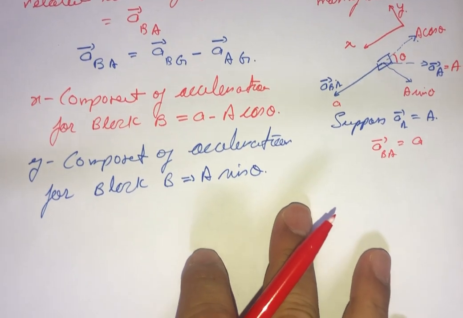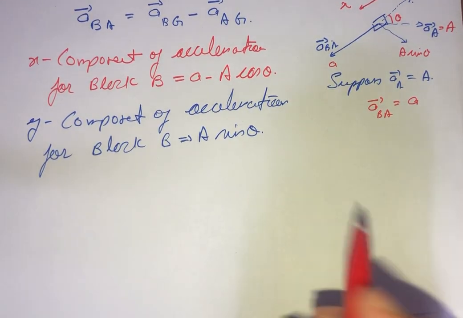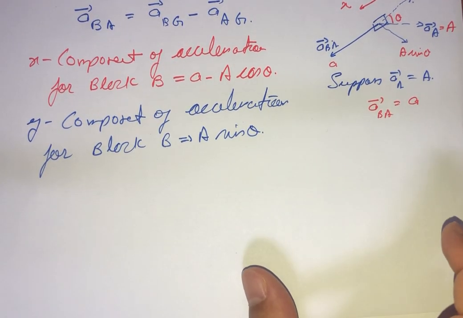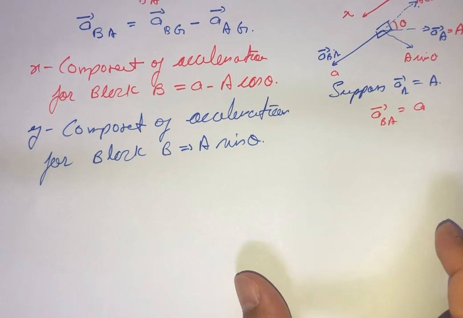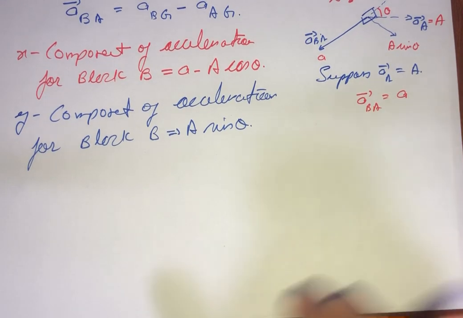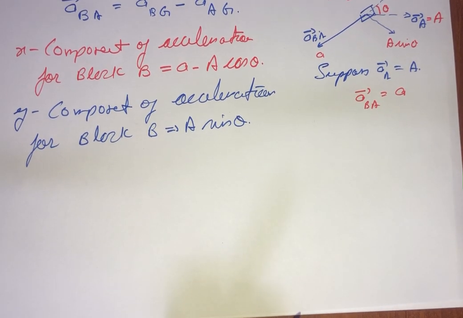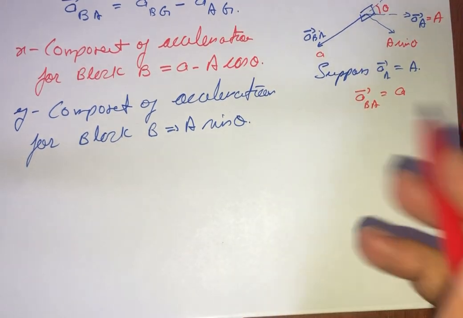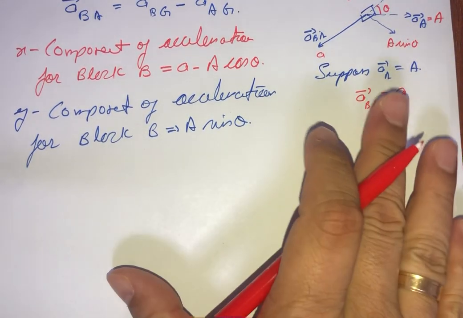Next, we draw the free body diagram for block A as well as block B, and then we find all the resultant forces by using Fx as well as Fy.